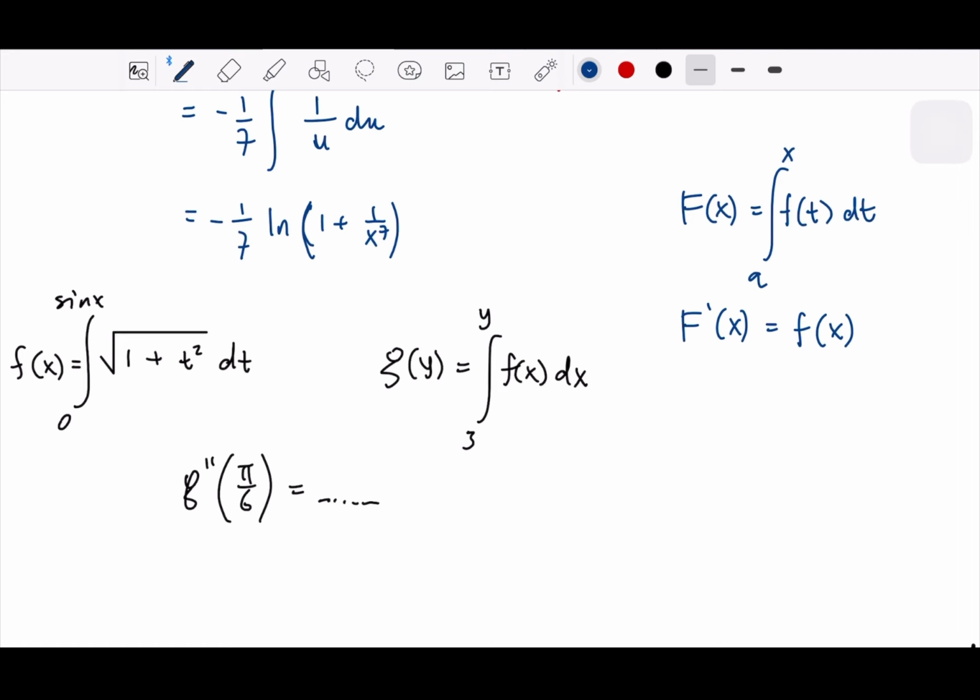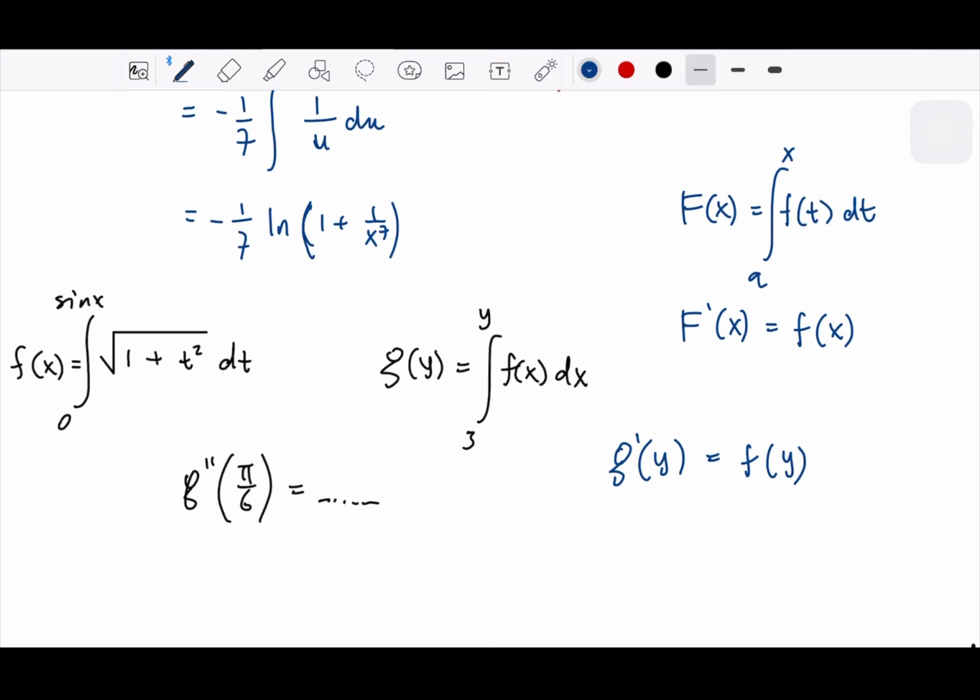So we need to take this g double prime, so we need to derive g twice. If we derive this, g prime of y is f of y, right? And y and x are not defined as functions of each other, so it's just a normal variable.